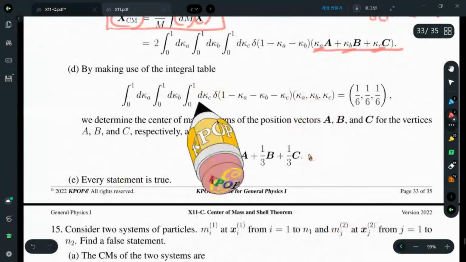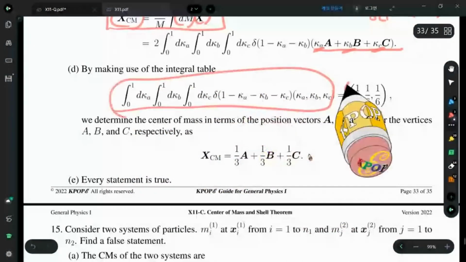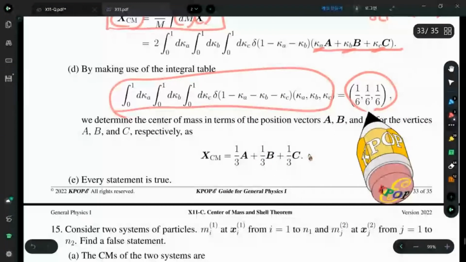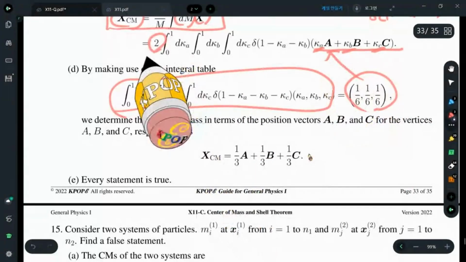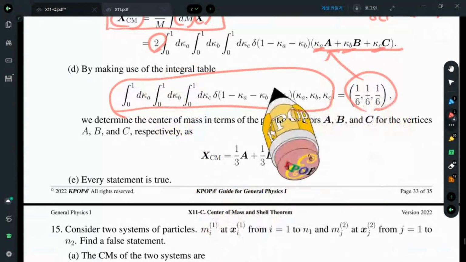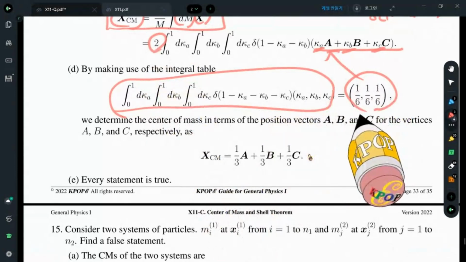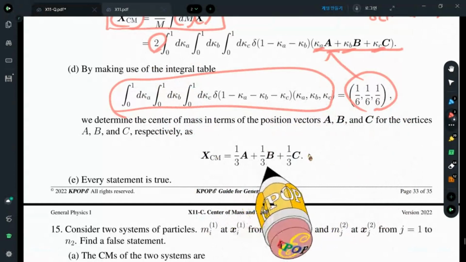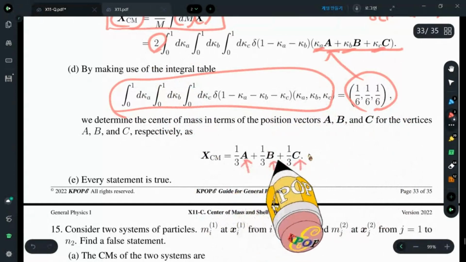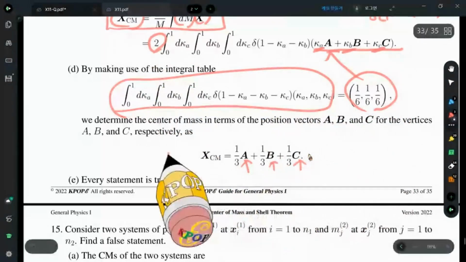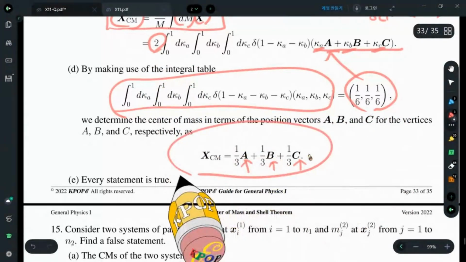Now I have obtained that this integral is trivially all 1/6. All 1/6 is multiplied in here, and we have an additional overall factor of 2. 2 times 1/6 is 1/3. Every vertex position vector is multiplied by 1/3, and this is the center of mass of a triangle.